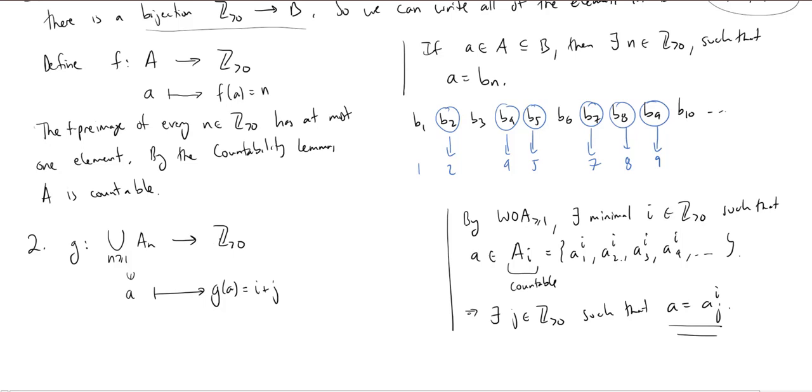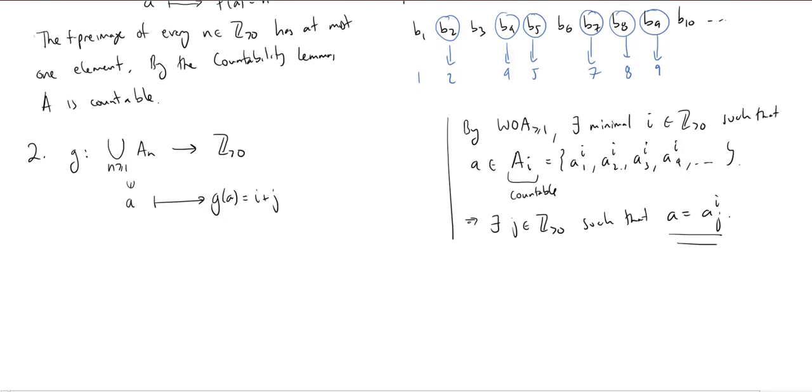Well, how do we know that? What I claim is that every positive integer n has at most n minus 1 g preimages. And n minus 1 is definitely finite.